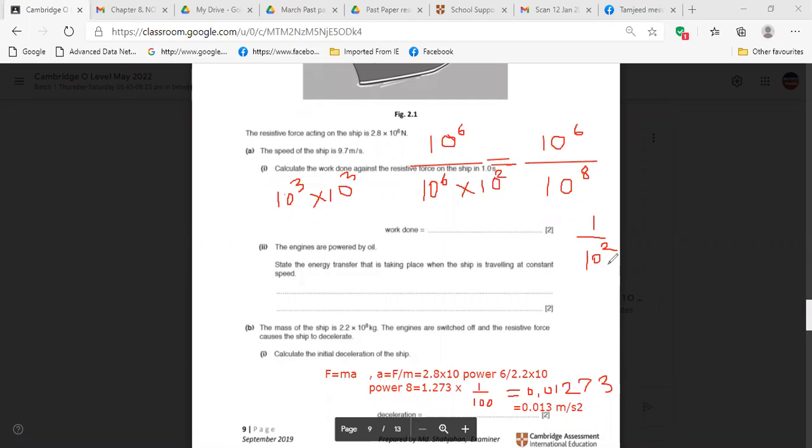If you press in calculator also, it comes like this. If you do 10 to the power 6 by 10 to the power 8, then it comes 1 by 100 or 0.01. Take in calculator. Yes, sir. So you understood it now? How it is 1 by 10 square or 1 by 100?